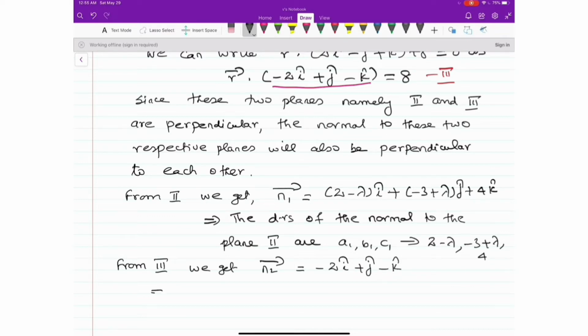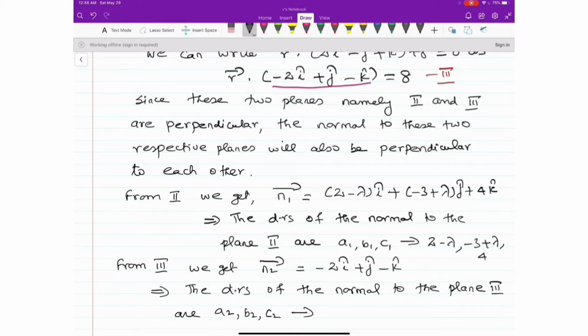This implies the DRs, the direction ratios of the normal to the plane 3, or let me take it as A2, B2, C2, are nothing but minus 2, 1, minus 1.